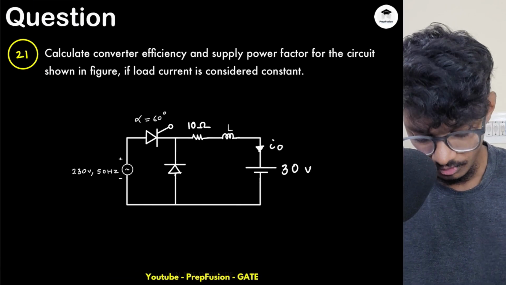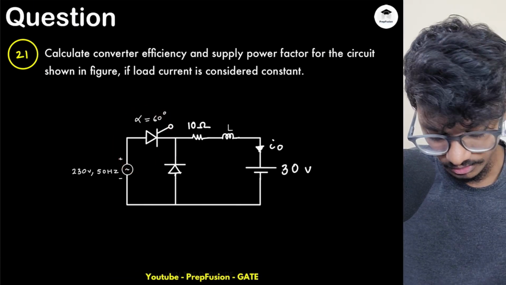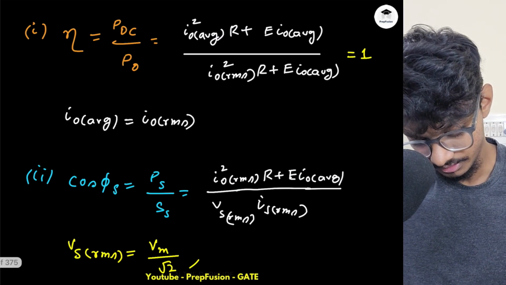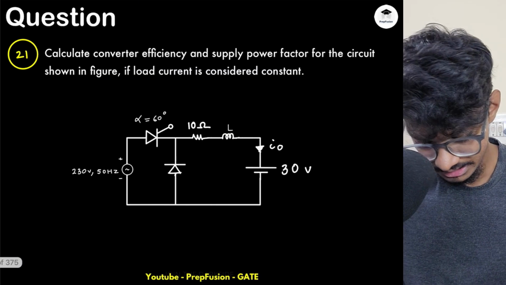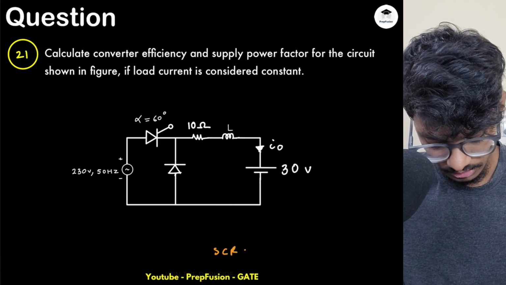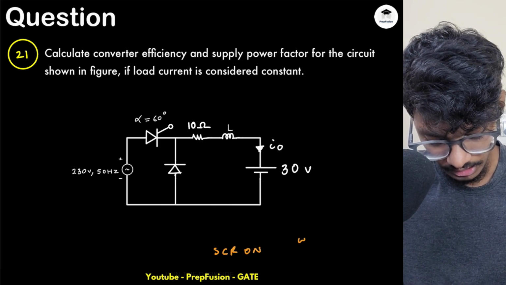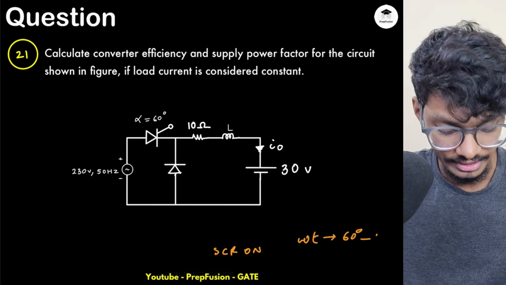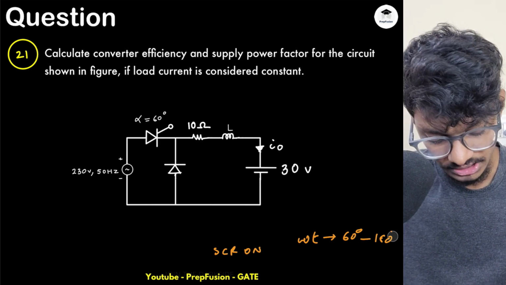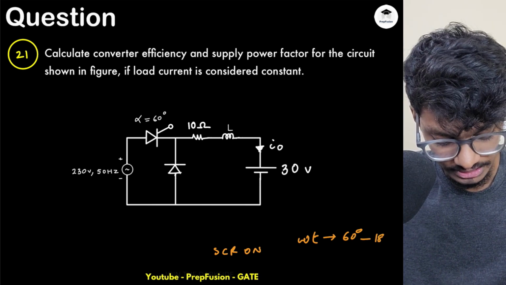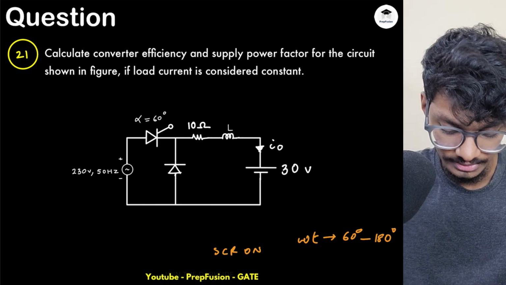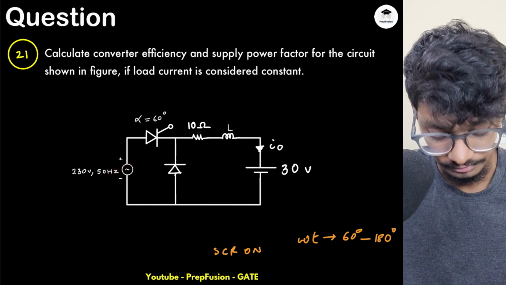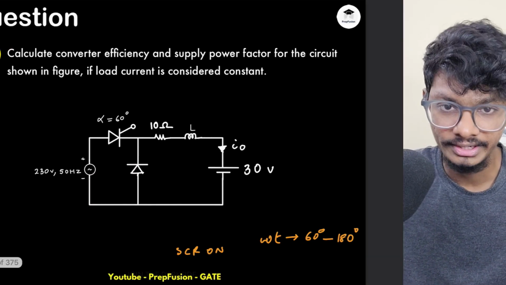So here, until when does my device conduct? SCR is triggered at omega t equal to 60 and it will be on till 180. Why? Because after pi, supply becomes negative and hence SCR will be naturally commutated, and what will happen is that the freewheeling diode will be turned on. So the SCR conducts only for 120 degrees.